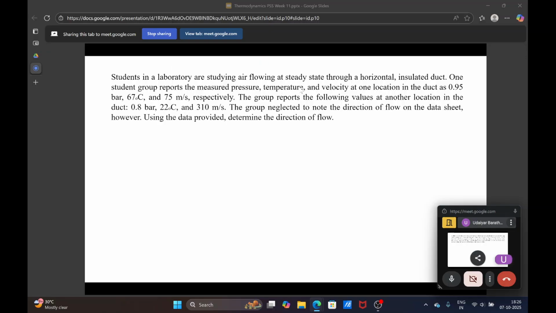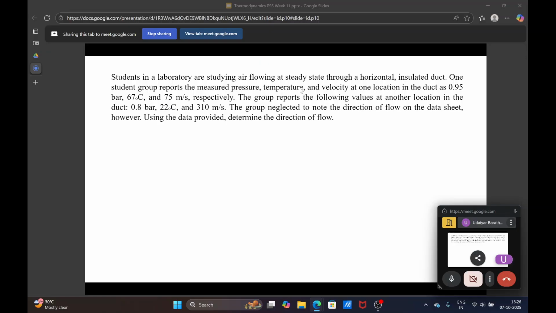So for flow happening from point 1 to 2, we initially assume that 0.95 bar, 67 degrees Celsius and 75 meters per second lies at the inlet, and the flow is happening from this point to the other point 2, which is at 0.8 bar, 22 degrees Celsius and 310 meters per second. So we assume this flow direction from point 1 to 2, and we'll estimate the entropy generated.